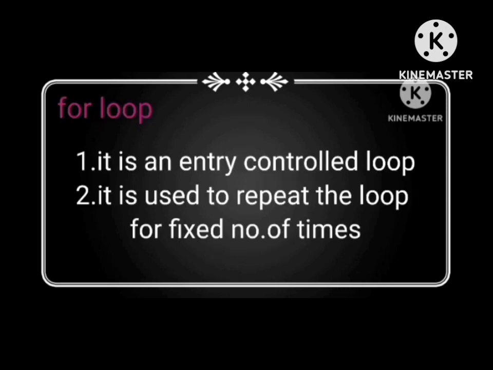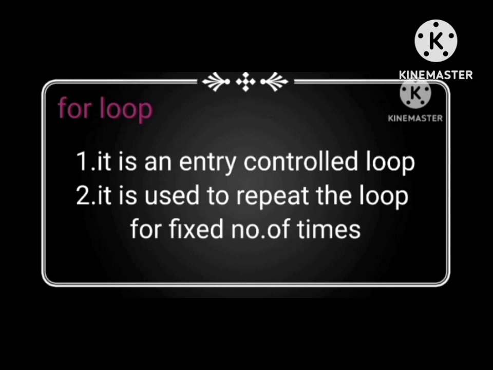For loop. For loop is an entry control loop which repeats for a fixed number of times. In a for loop, first it checks the condition. If it is true, then only it executes the body. Therefore, it repeats until the condition is false, for a fixed number of times. In a for loop, initial value, condition, and increment or decrement are given in a single statement.